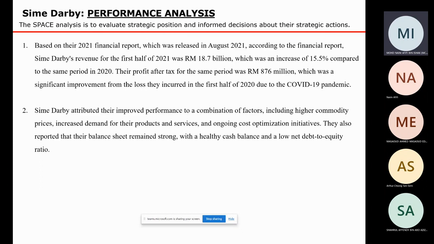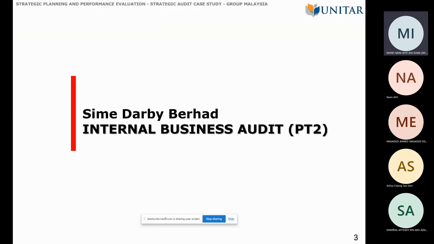Profit after tax was 876 million. Even after the pandemic, they were able to achieve this, even though the pandemic happened, because of their diverse business. So that's for my side. For the internal business audit, I will let Masud continue this part.